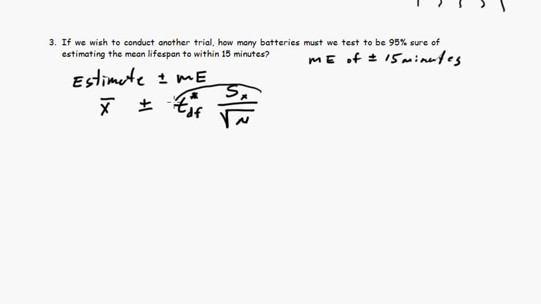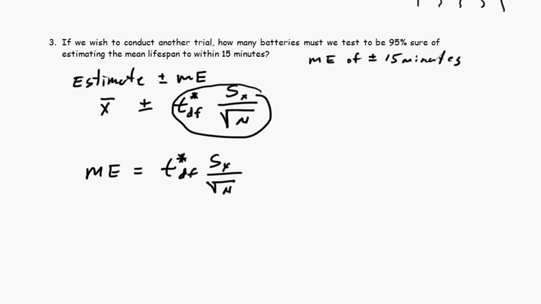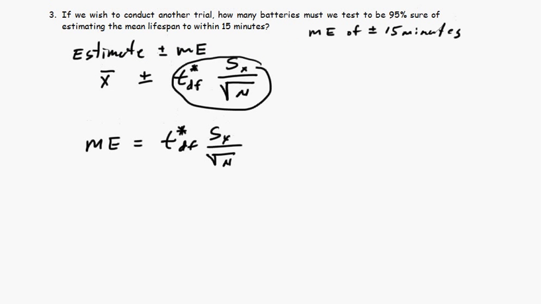So this is our margin of error. So we're going to say we want a margin of error equal to t star of df sx divided by the square root of n.